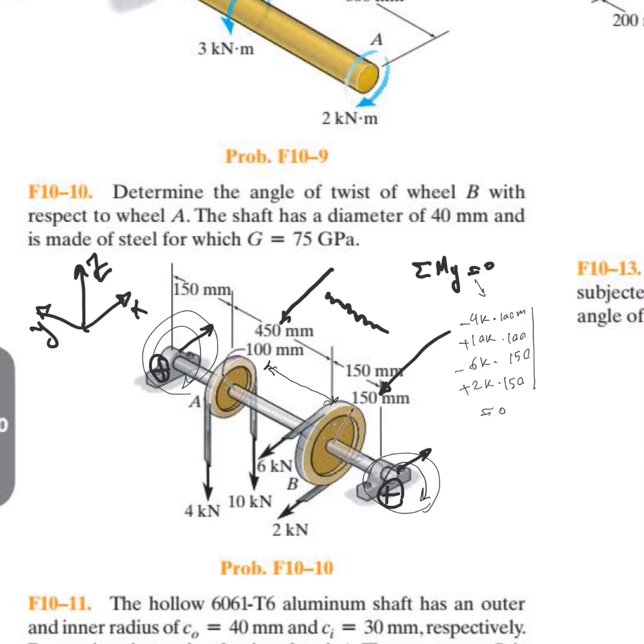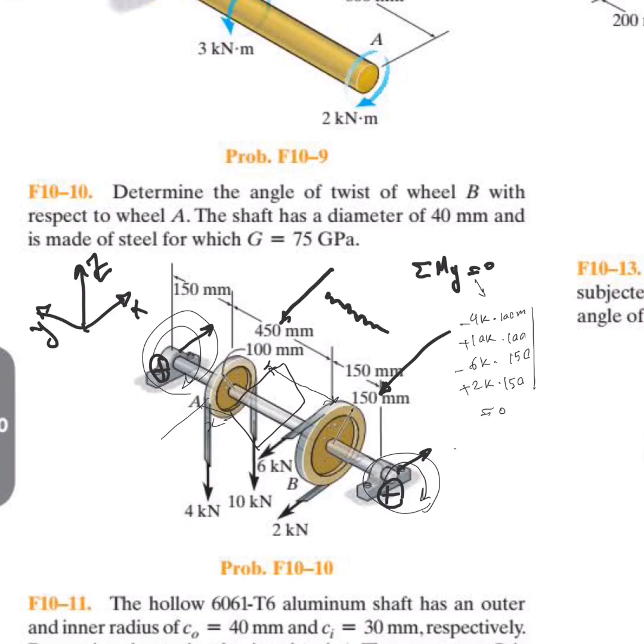So what I'm going to do is cut a section here just like I did before, and assuming that my x starts from the wheel A, this is your x. Then I make a free body diagram to see how much moment I have from point A to B, right?